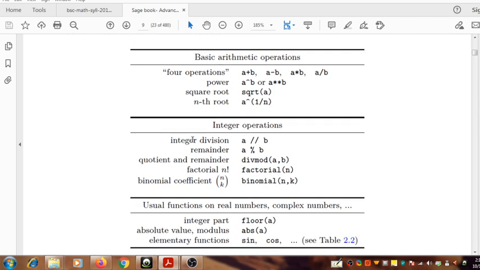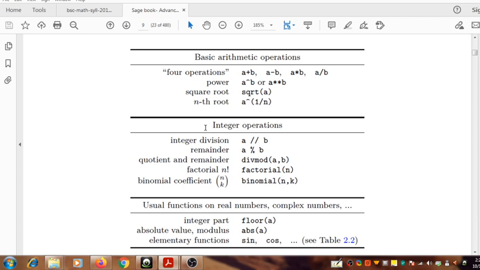And then some other type of operations, which can be called integer operations. These are special operations, because they operate on integer arguments or integer values.